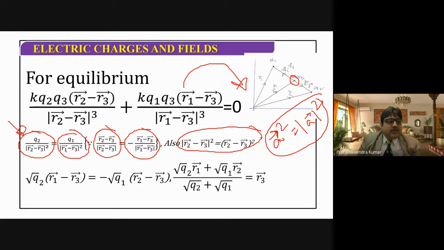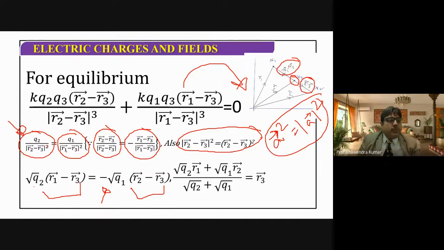Now, when I take the square root, it will be root Q2 into (R1 minus R3) equals minus root Q1 into (R2 minus R3), because I have to take care of the direction also. R1 minus R3 and R2 minus R3 are opposite to each other. Of course, when we take the square root, plus minus we have to consider, but here we consider the minus sign.